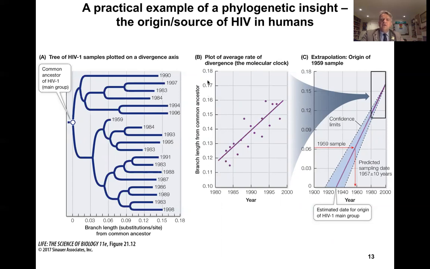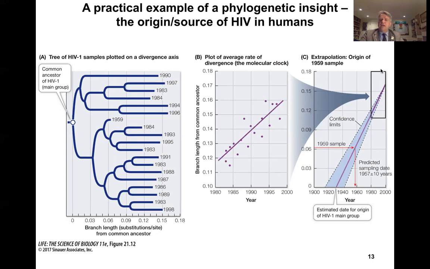Then you could take the genomic branch length, how many changes have occurred in that viral lineage through time. So we can essentially treat the viruses in a sense as fossils. And we could not only see the rate that the viral genome is evolving, but we can ask, given this rate of change, can we estimate the branch length of the 1959 sample?